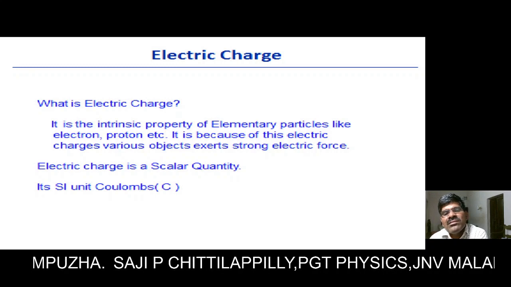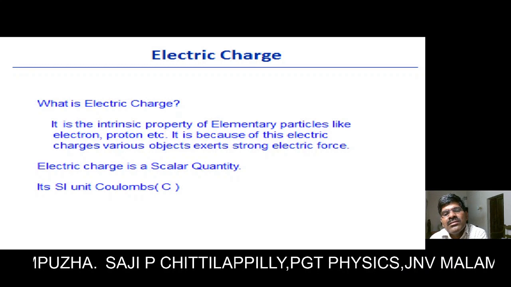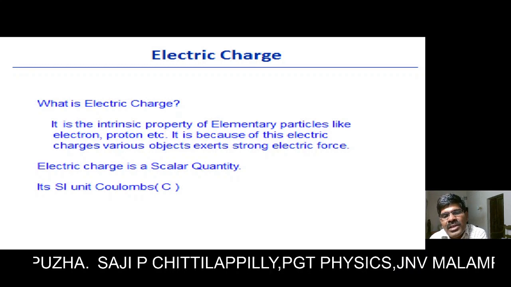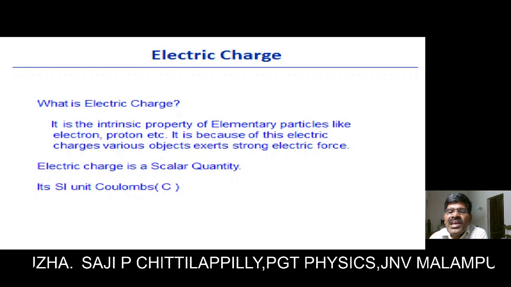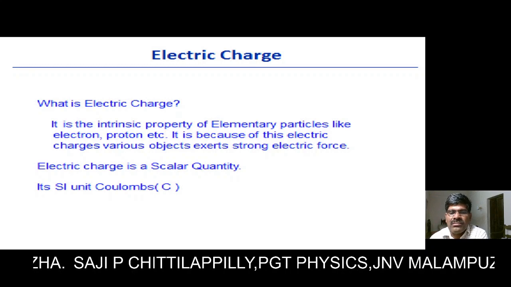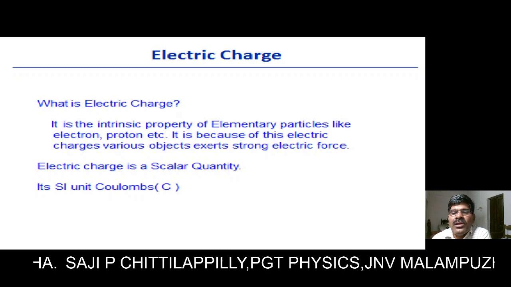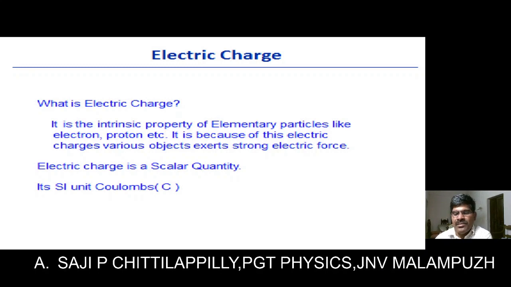Electric charge is a scalar quantity. Its SI unit is coulomb, denoted by the capital letter C.